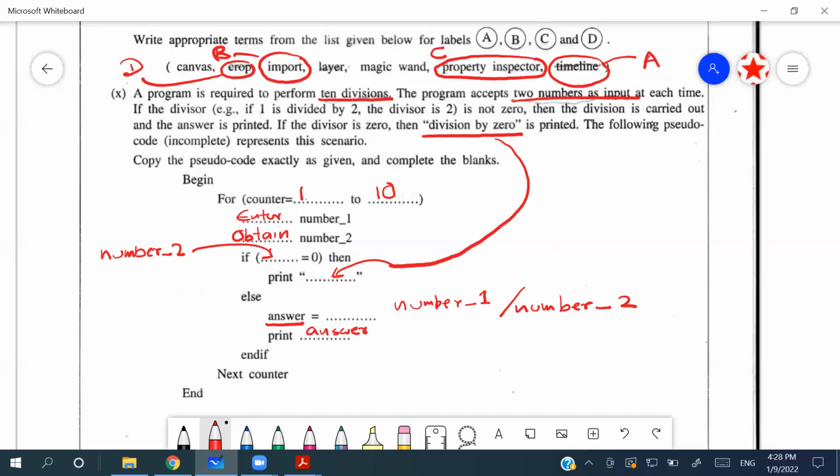And alternatively, if someone checks number underscore 1 over here, then in this place it should be number underscore 2 divided by number underscore 1.